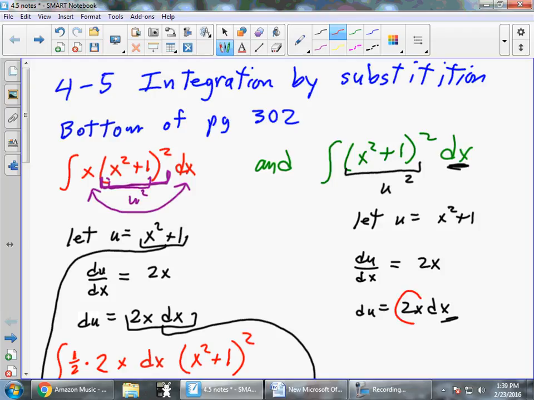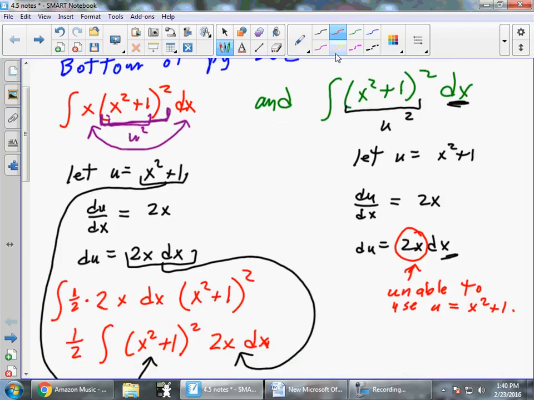Yeah, the 2x is nowhere to be found. So we'll say the conclusion is we're unable to use u equals x squared plus 1 as a substitution. And I think that's a really important point to hang on to.